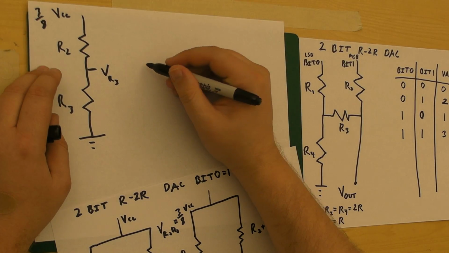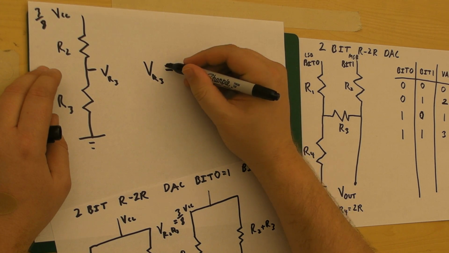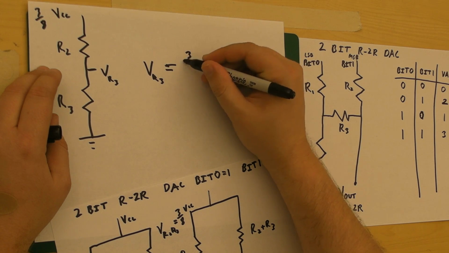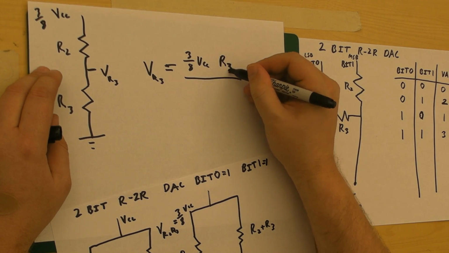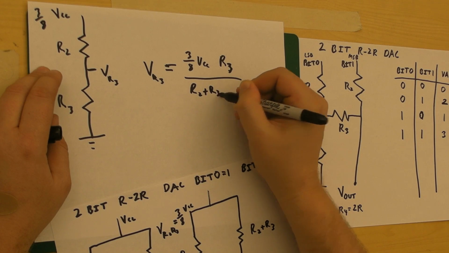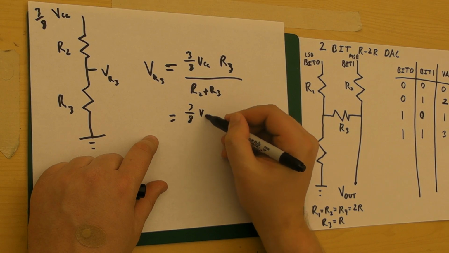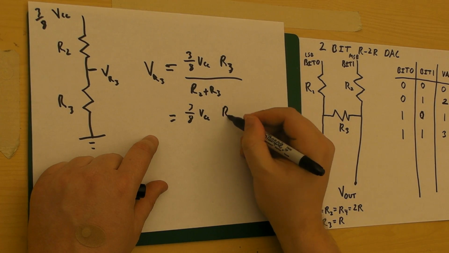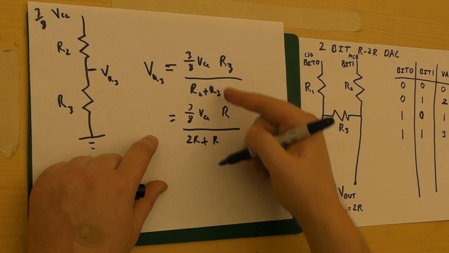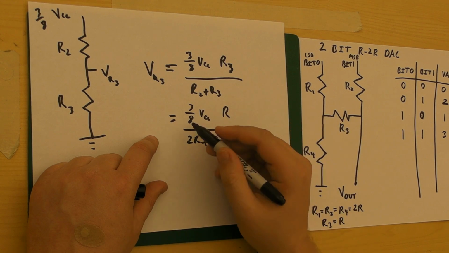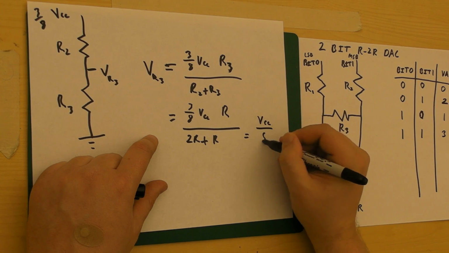Well, fortunately, it's just a voltage divider. So 3/8 VCC times R3 over R2 plus R3, where R3 is R and R2 is 2R, so we get basically 3/8 VCC times 1/3, in other words, VCC over 8.